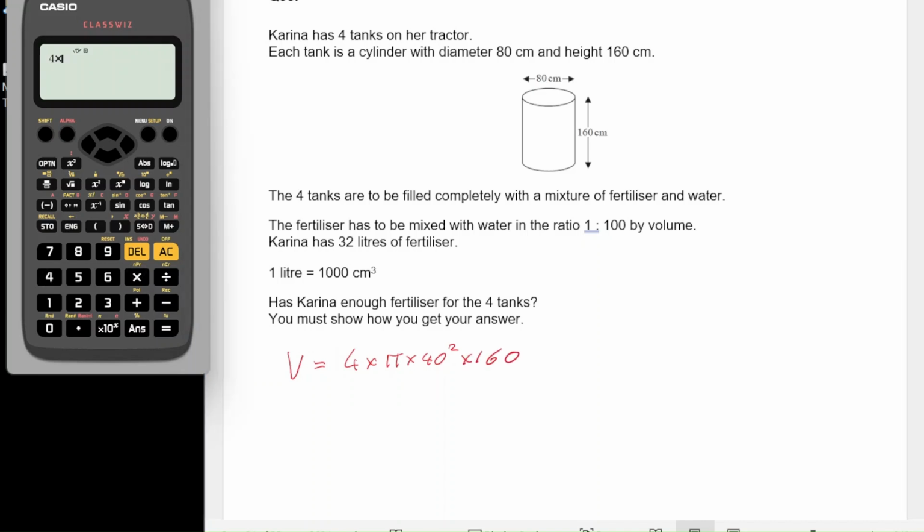So 4 times shift pi times 40 squared times 160. So she's got a total volume of 3,216,990.877 centimeters cubed. That's what she needs to fill.